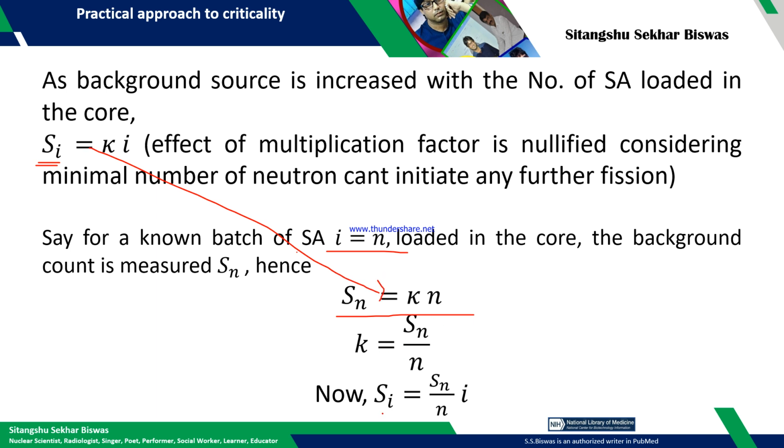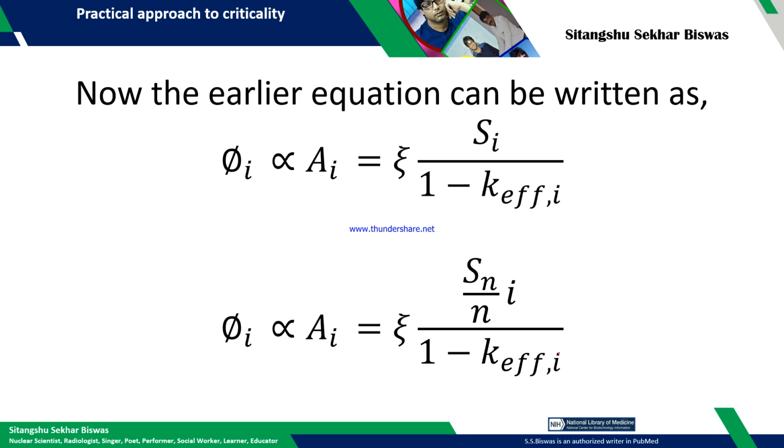Now this equation can be rewritten as Si is equal to Sn by n into I, where Sn and n are obtained from the initial batch of loading. Now I am rewriting the earlier equation, putting this in place of Si, and your Ai is like this.